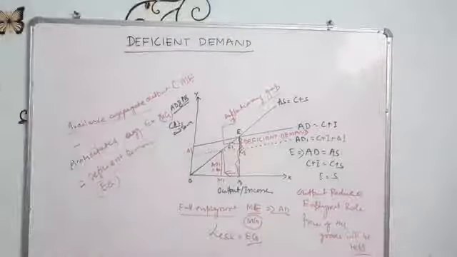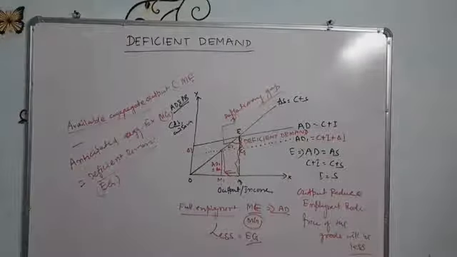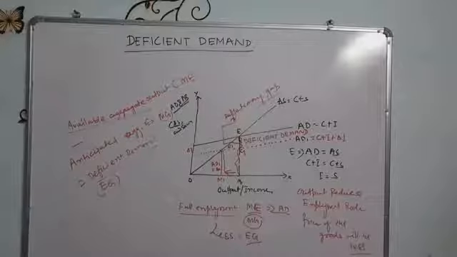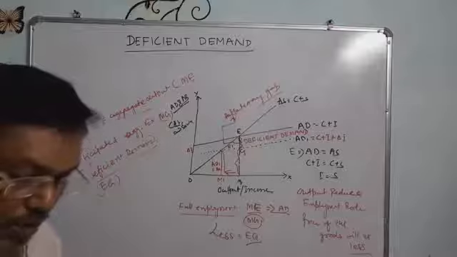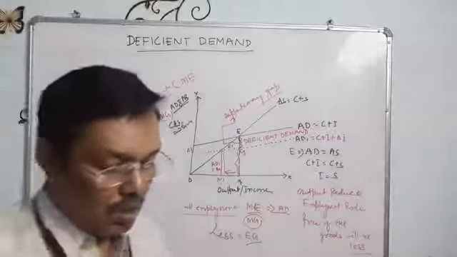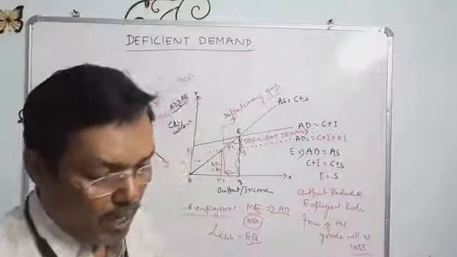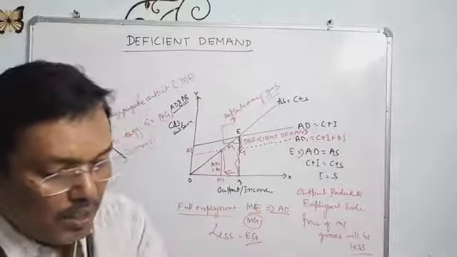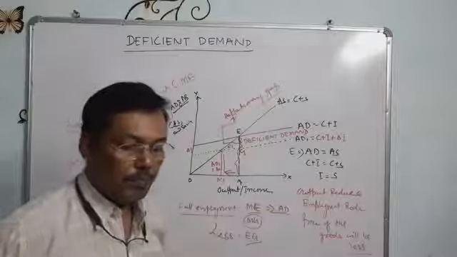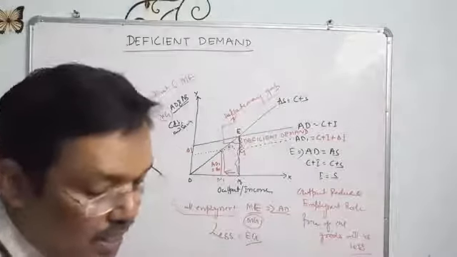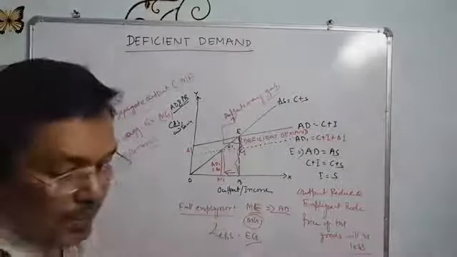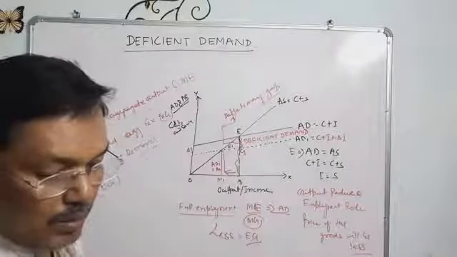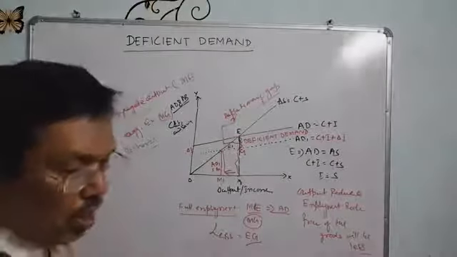So after analyzing the deficient demand, now it is clear: the excess of available output over anticipated expenditure is called deficient demand. Again I repeat, the excess of available output over anticipated expenditure is called deficient demand.